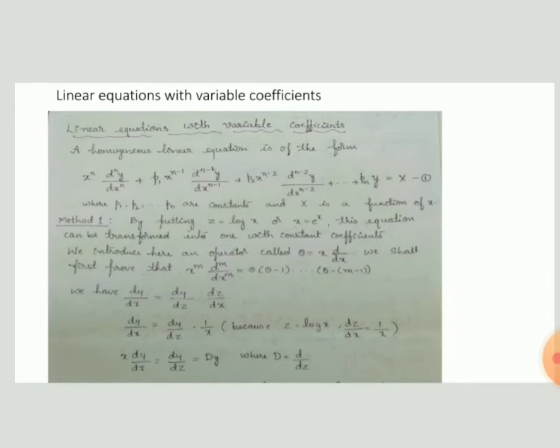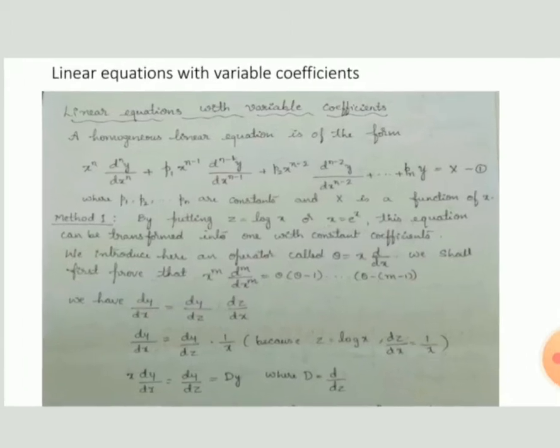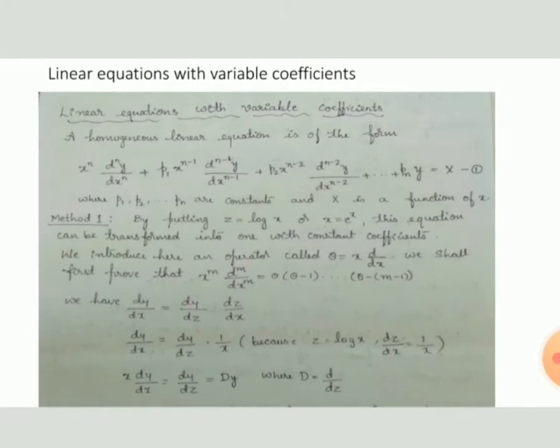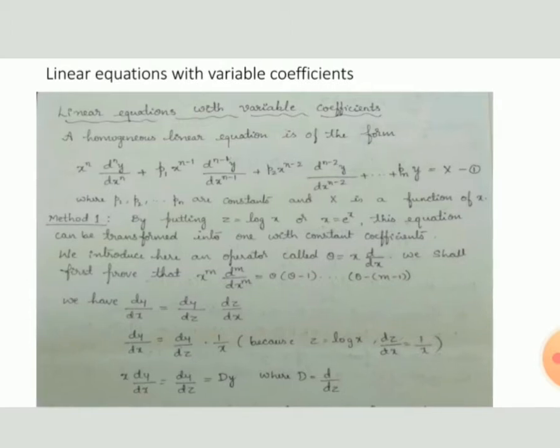Here we shall first consider a homogeneous linear equation of the form x^n d^n y/dx^n + p1 x^(n-1) d^(n-1) y/dx^(n-1) + p2 x^(n-2) d^(n-2) y/dx^(n-2) + and so on up to pn y = X. We shall call this equation number 1, where p1, p2, and so on up to pn are constants and X is a function of x.